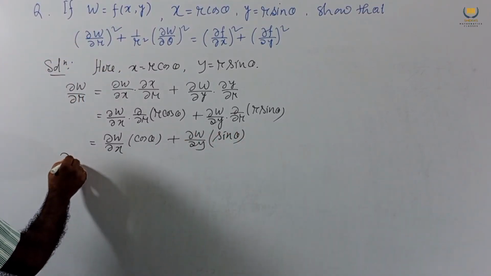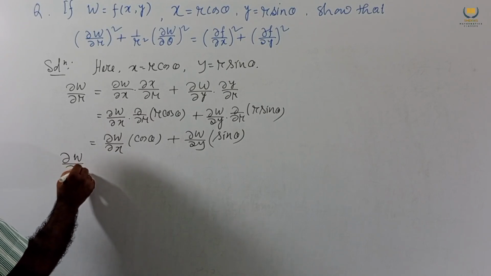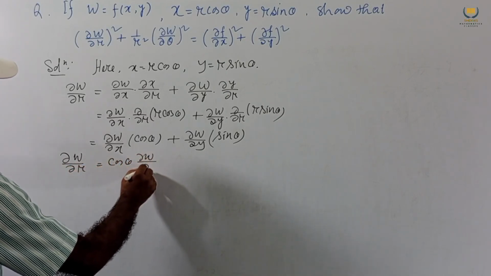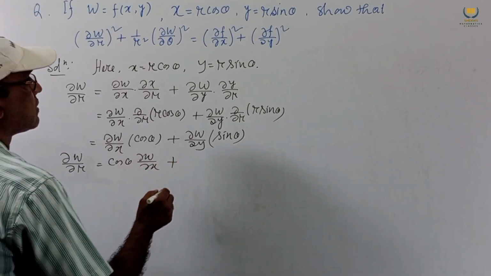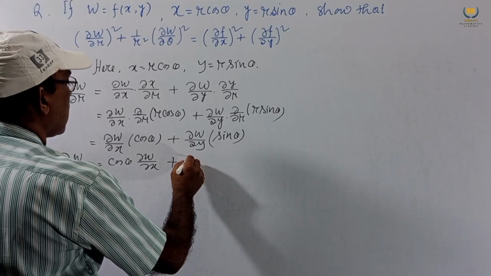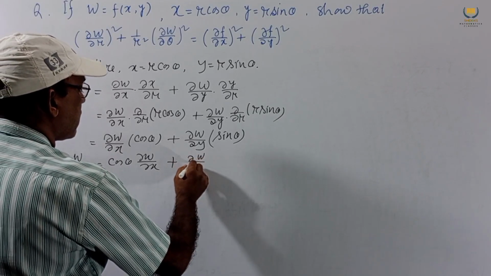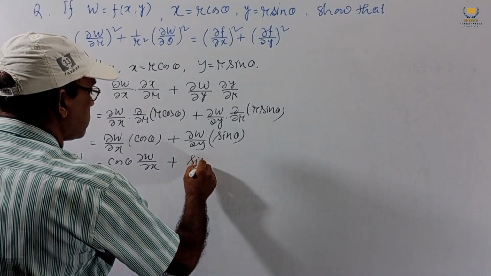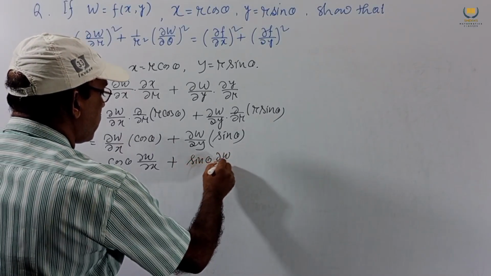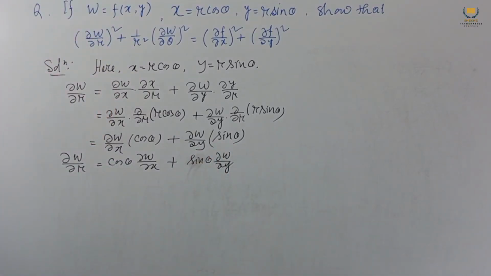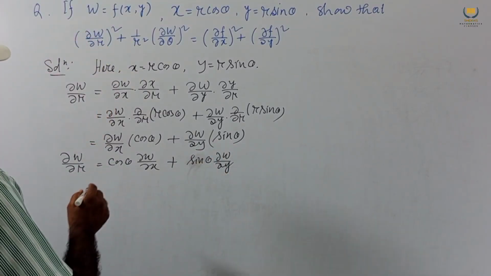So what we get: ∂w/∂r = cos θ ∂w/∂x + sin θ ∂w/∂y, or w we can write f also.